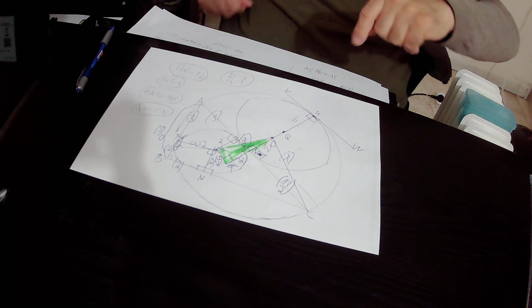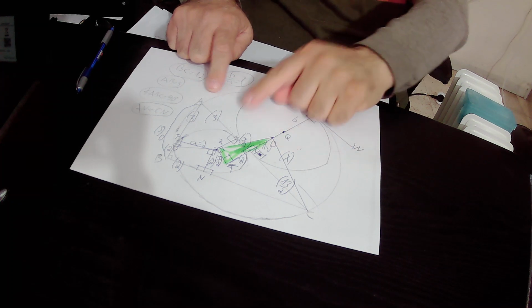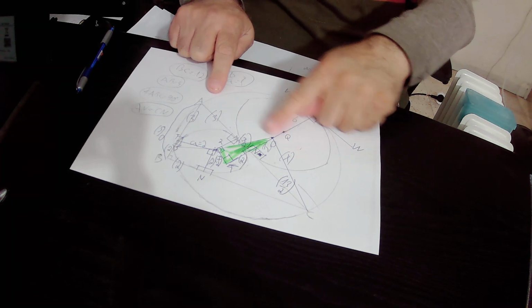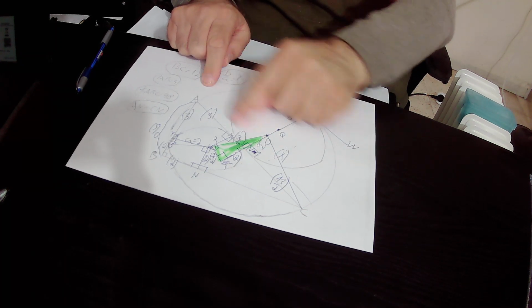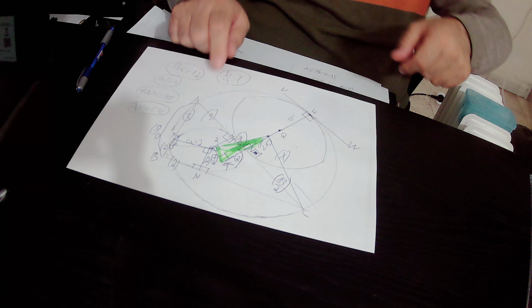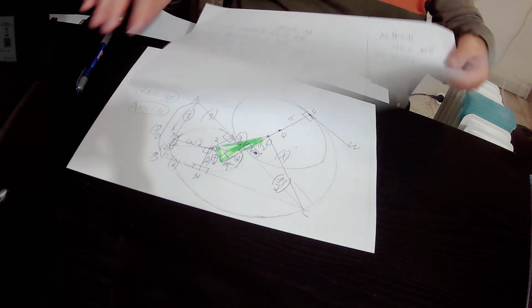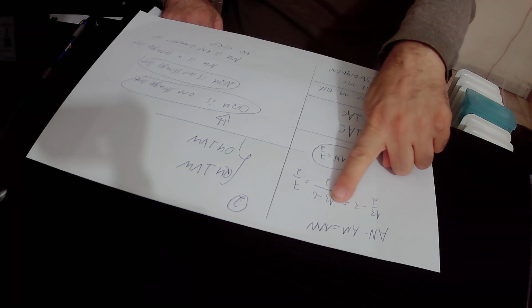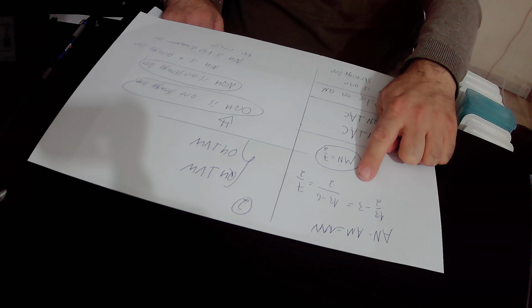We already found out that AN equals 13 over 2, and AM equals 3. Therefore, MN equals AN minus AM. AN is 13 over 2, AM is 3.